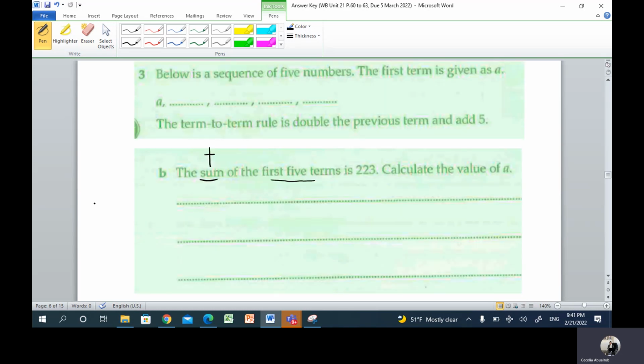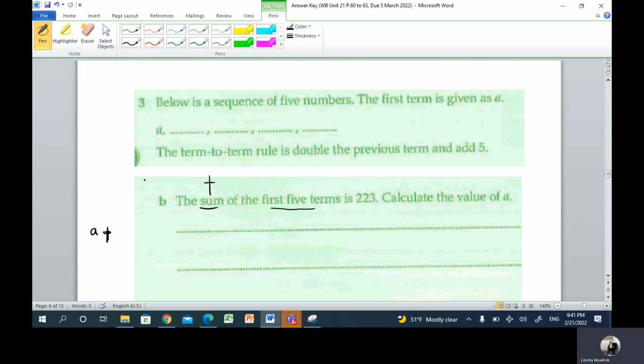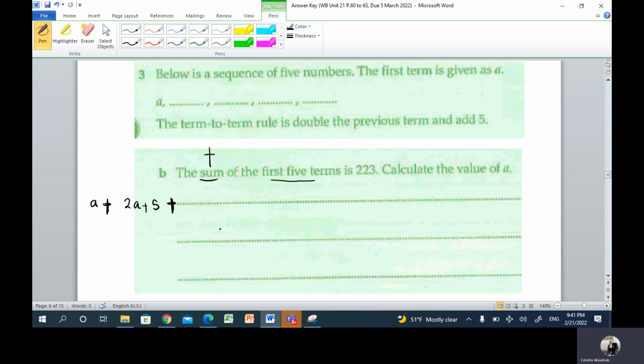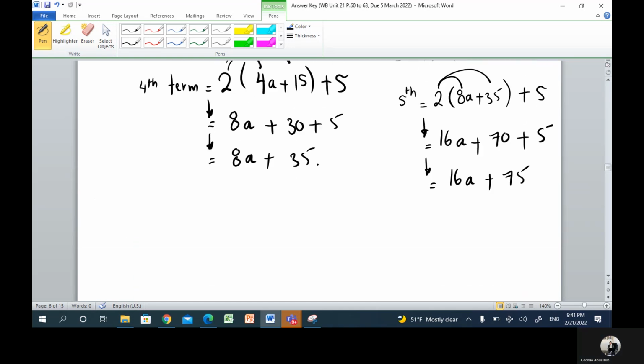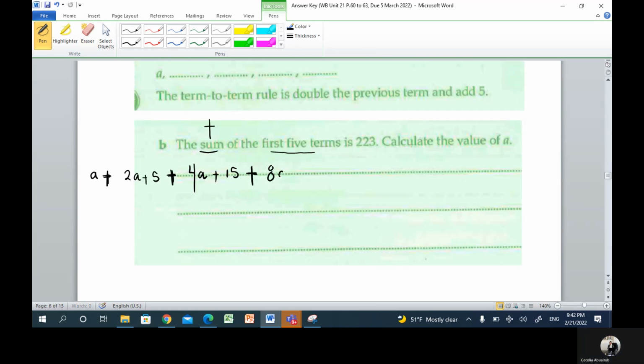Now, if we go back to this part, they're telling you the sum of the first 5 terms, which are a, plus the second term, 2a plus 5 as an expression, plus the third term, 4a plus 15, plus the fourth term, 8a plus 35, plus the fifth term, because they told me the sum of the first 5 terms.